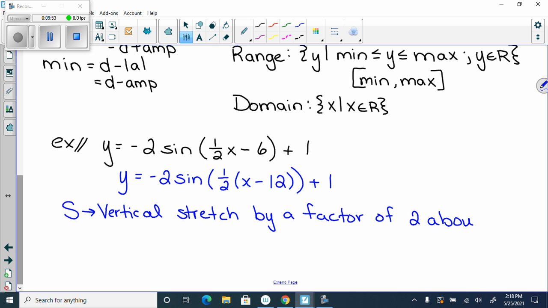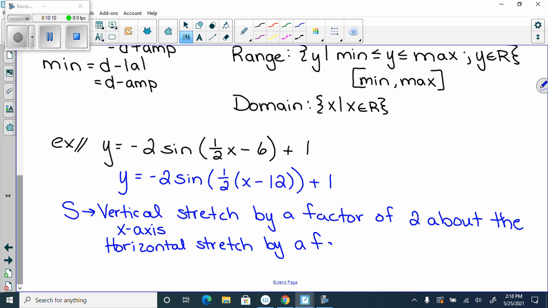We're going to have a horizontal stretch by a factor of 2 about the y-axis.